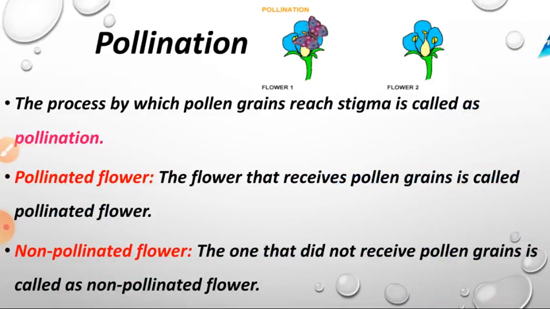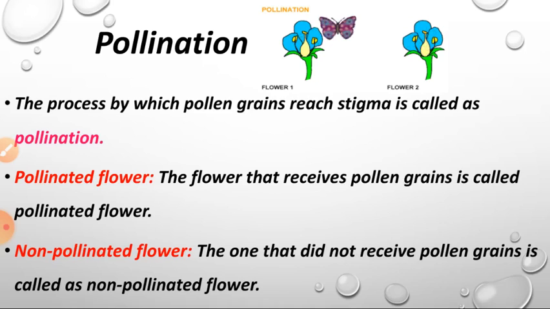First one, pollination. The process by which pollen grains reach the stigma is called pollination. What do you mean by pollen grains? Pollen grains are part of the stamen. What do you mean by stamen? Stamen is the male part of a flower.